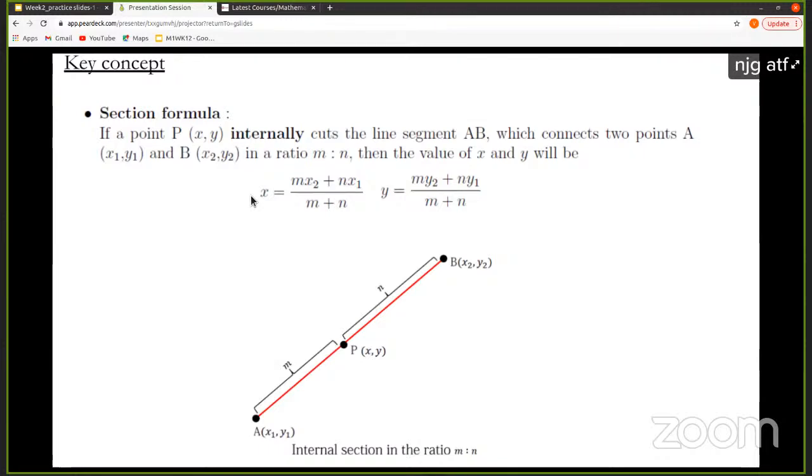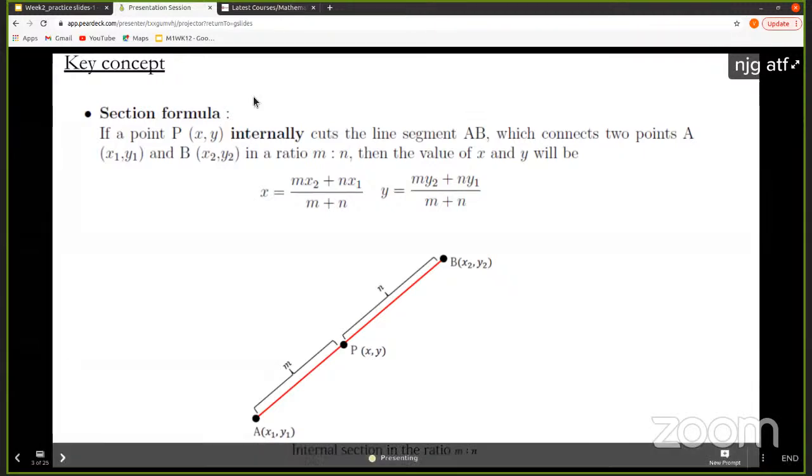I thought this x minus x1 should all be equal. No, if it is cutting at the midpoint, then these two will be equal.